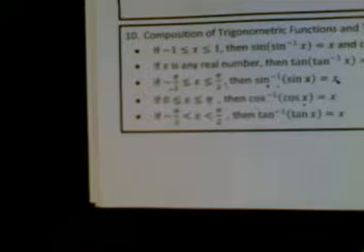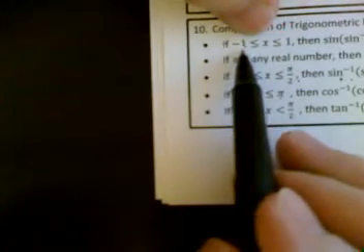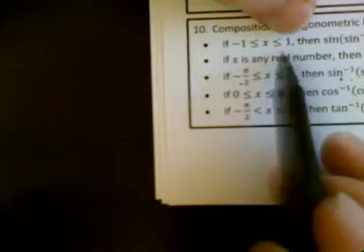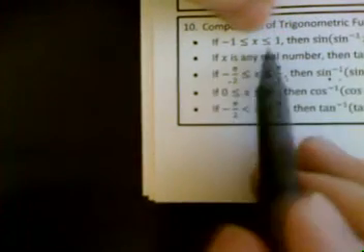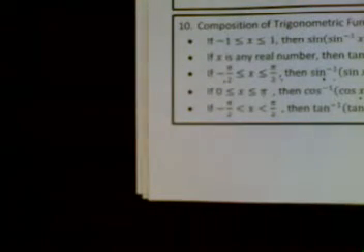Inverse functions take in numbers and spit back angle measures. Trig functions take in angle measures and spit back numbers. So that will hopefully help you identify that sine, the y value, is -1 to 1. So the inverse sine function is going to have a domain of -1 to 1. It's swapping the domain with the range. Keep that in mind.